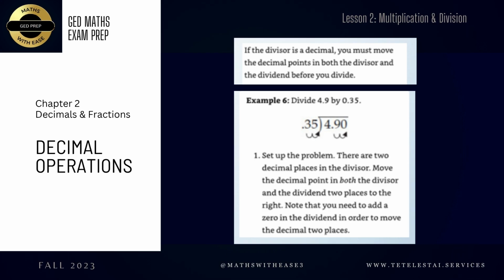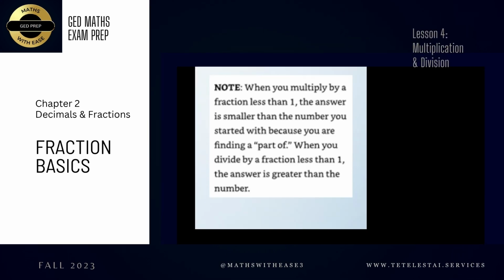That's essentially what the other statement is trying to say: if you're dividing by a number or a decimal that's less than 1, your answer shouldn't be smaller than the decimal. Your answer should be greater. So if you see 14 as your answer, don't freak out. It makes sense because that's the expectation.